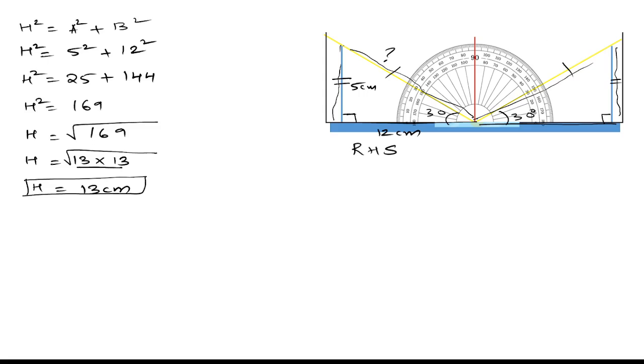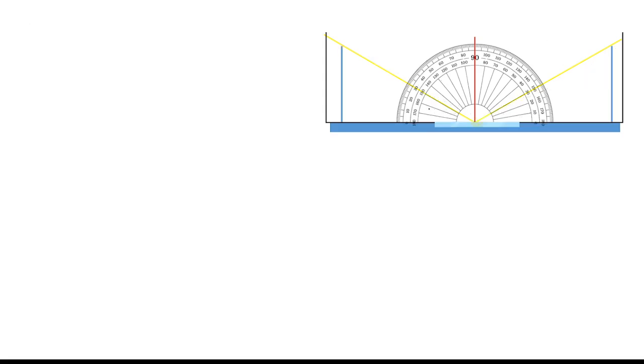Next, here I am going to take the height as 7 centimeter and base as 24 centimeter. By using the Pythagoras theorem, hypotenuse square is equal to altitude square plus base square. Here hypotenuse we don't know, we need to find out.